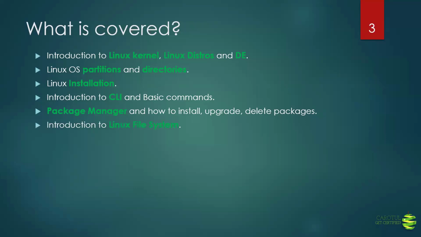And another very important thing we are going to understand in this course is the introduction to the Linux file system. Now, file system is how you actually create the file and folder structure in your operating system. So if you are using Windows, generally we use the FAT32 file system or NTFS file system, right? This is how you format your partitions.